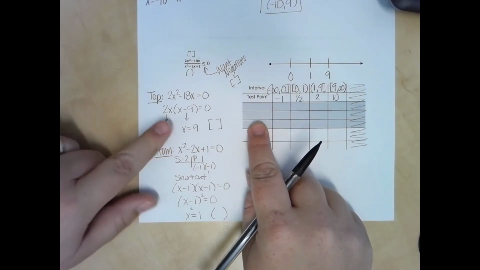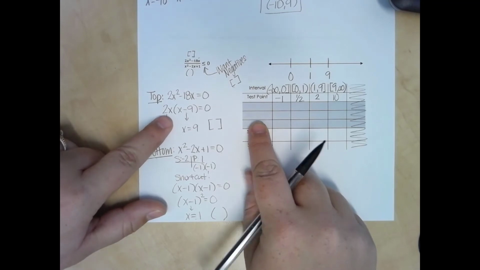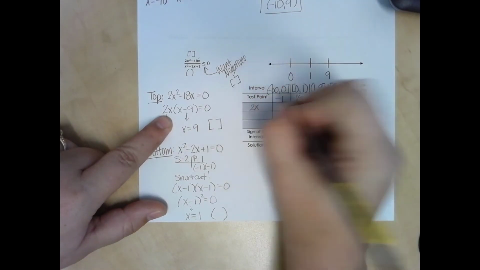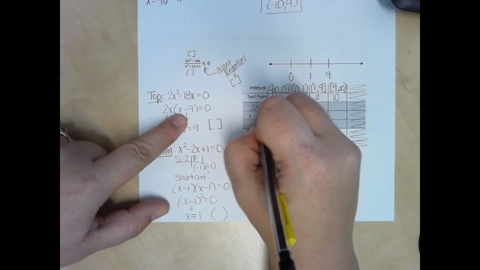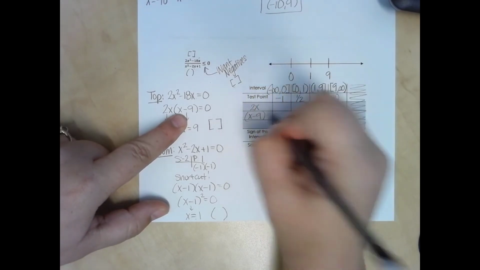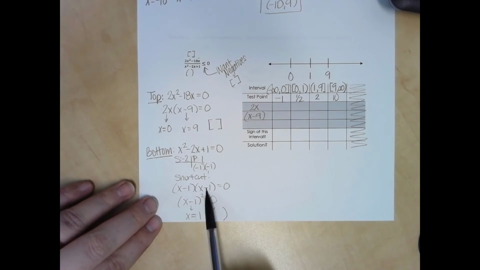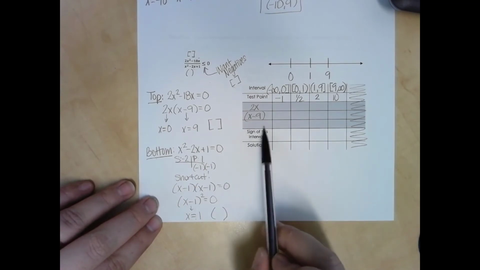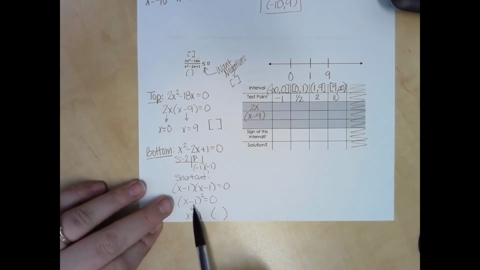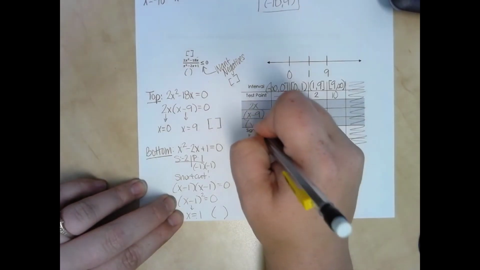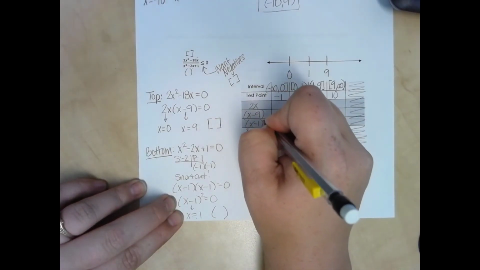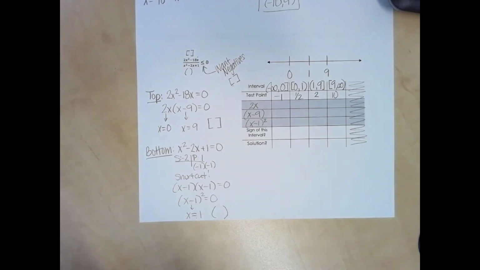So notice the factors that I got from the top when I factored it were a 2x and an x minus 9, right? And what I got from the bottom when I factored it was an x minus 1 and an x minus 1. And I only have one line here. So instead of writing those out separately, I'm just going to go ahead and write this as x minus 1 squared. Okay. All right, so now we just need to test these.